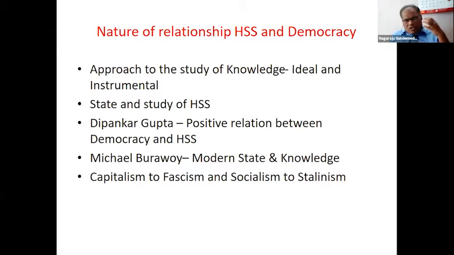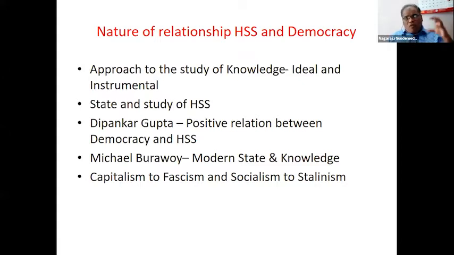So this is where Shiv Visvanathan, in one of his famous articles published in EPW titled University, Democracy and Pluralism, primarily argued that the state is always antagonistic towards the idea of socio-cultural and ideological pluralism, because ideological pluralism by definition demands deepening of democracy, not only from the perspective of the state, but deepening of democracy from the mind.